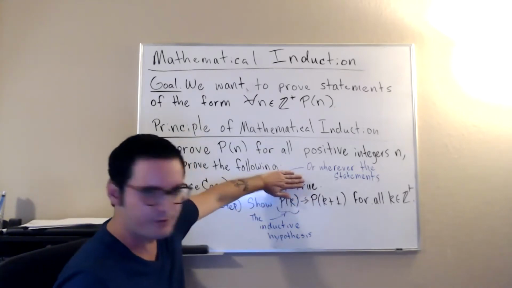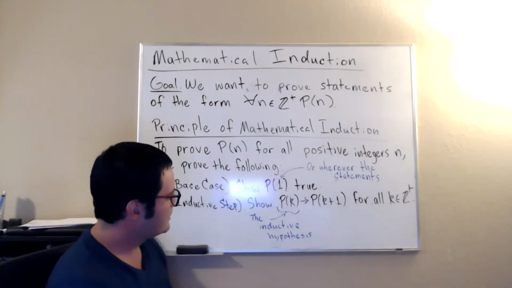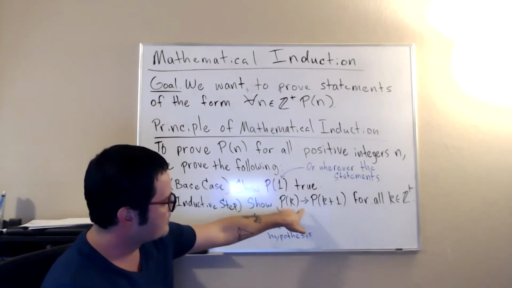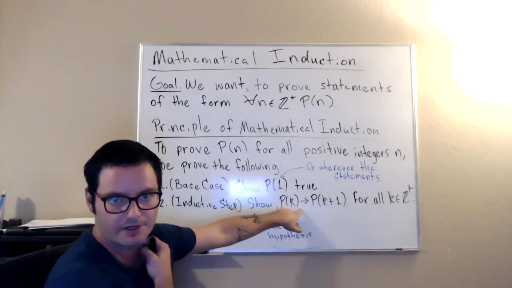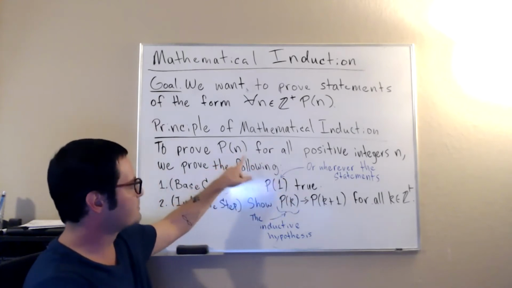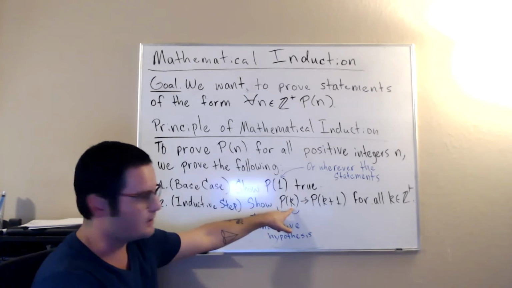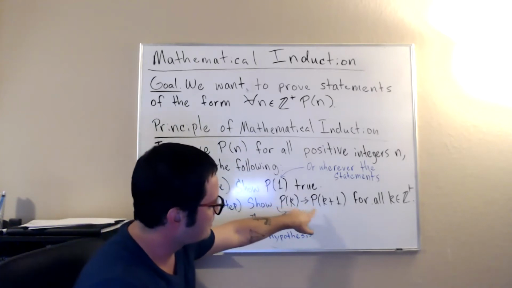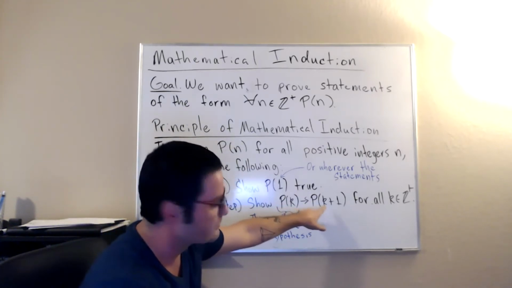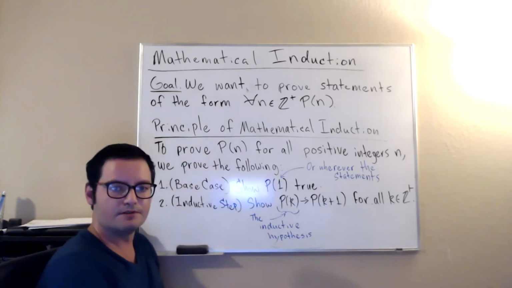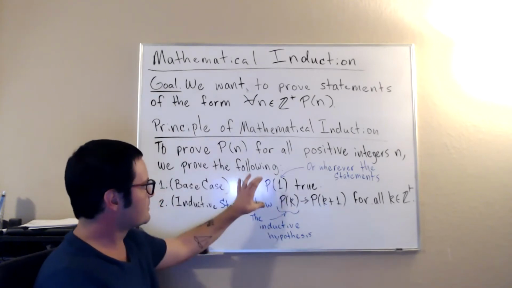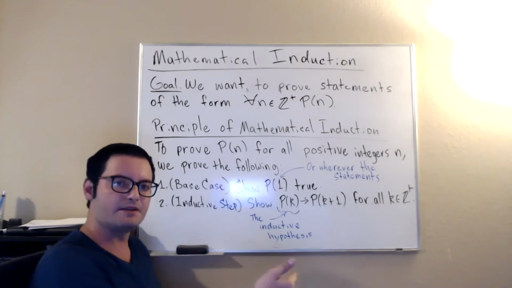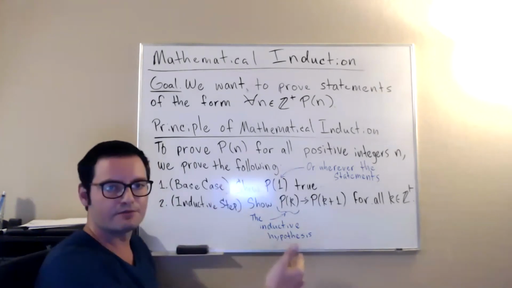Then you forget about your base case and say, if you assume P of k is true for some integer k, and that shows the statement is true for the next integer, k plus 1, then together these cascade and show that the statement is true for every n.